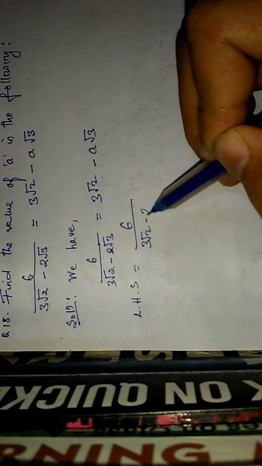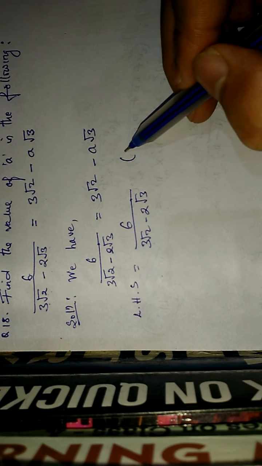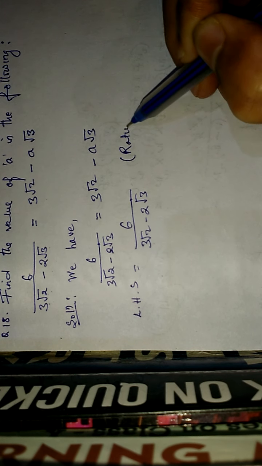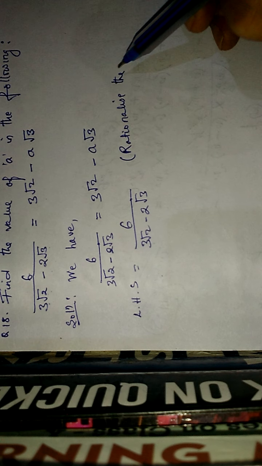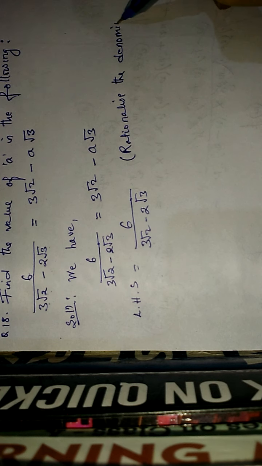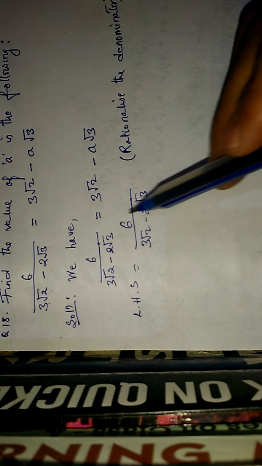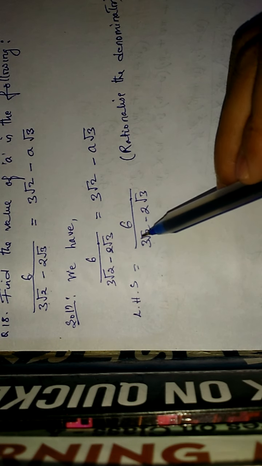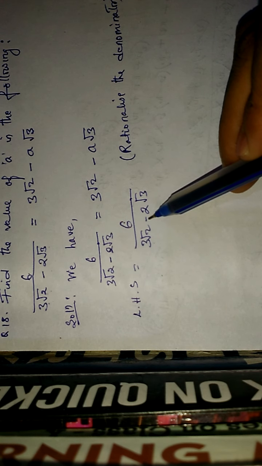Okay, then rationalize the denominator. It means we have to multiply both numerator and denominator with the same number as this denominator but with opposite sign. Opposite sign means this minus sign should change to plus sign.